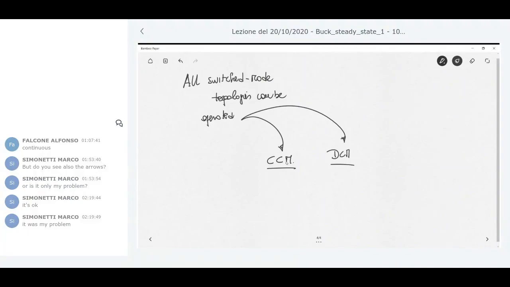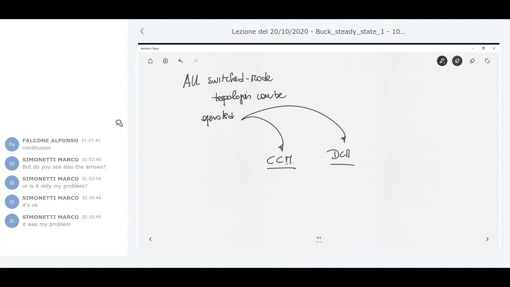What is the difference? The difference is not the topology. Okay? The same circuit, for example, the buck circuit, composed of the same architecture, the same elements, can be operated in CCM or DCM. Typically, this depends on the switching frequency, the values of components, the input and the output voltage, and the load.